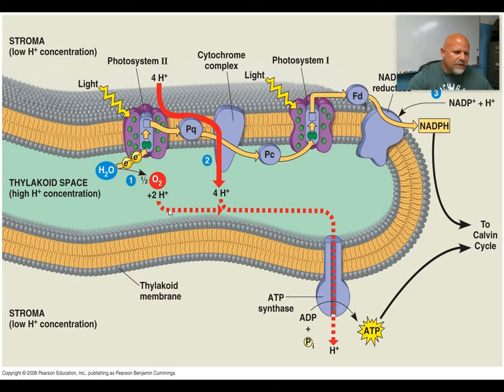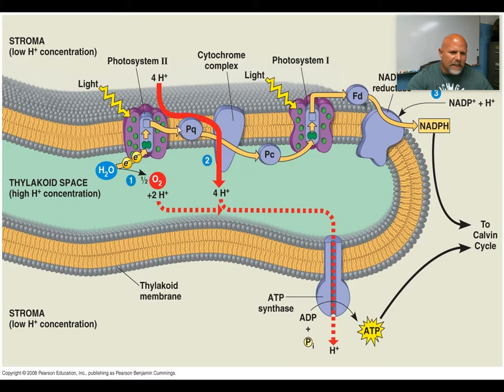As hydrogens get dropped off from water and hydrogens get pumped in, we get a buildup of hydrogens inside this thylakoid space. As they flow out, just like what we saw in cell respiration, you're going to have an enzyme called ATP synthase produce ATP from ADP and phosphates. So the energy from this flow, this chemiosmosis, causes the production of ATP.